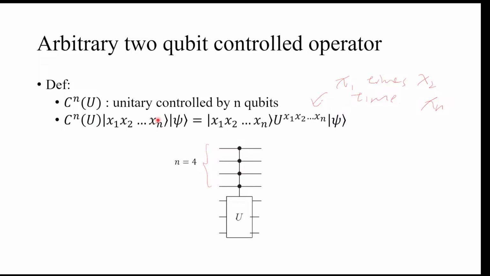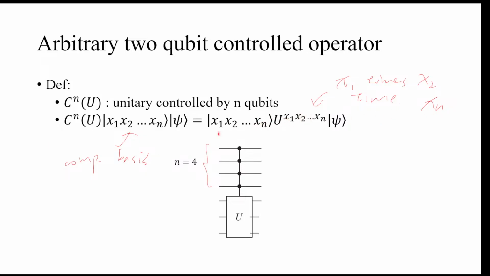And here x1 to xn assume on a computational basis. I guess we didn't say. So here, just like before, we assume this thing is in computational basis. And what happens is you apply U only when x1 to xn are all equal to 1. And here we write with a bit confusing notation, so we write x1, x2 to xn, and this actually means x1 times x2 times all the way to xn.